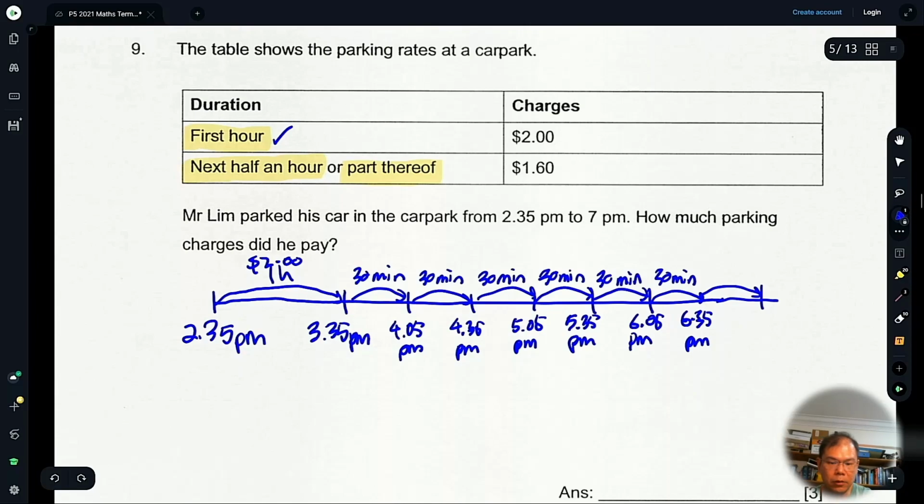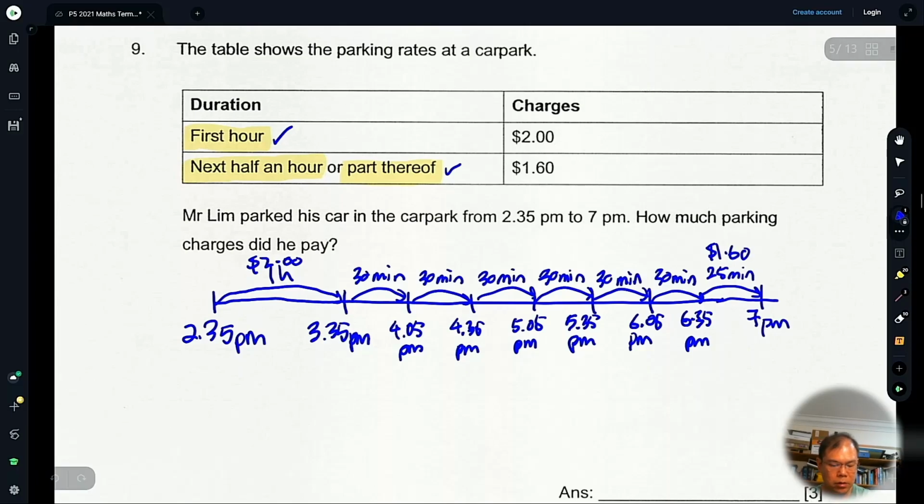Now from 6:35, but he parked only until 7 p.m. So you may say, hey, 6:35 to 7 p.m. is only 25 minutes. Now, how much do you think he'll be charged for this 25 minutes? He'll still be charged, look here, part thereof, so he'll still be charged $1.60 for this block.